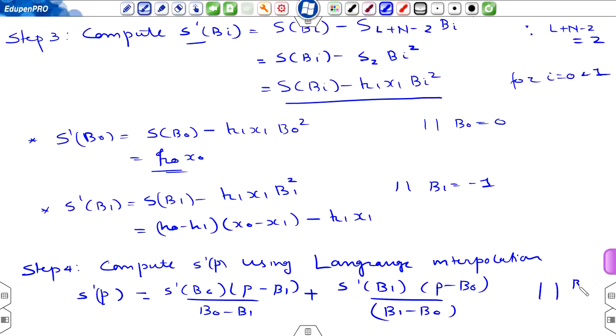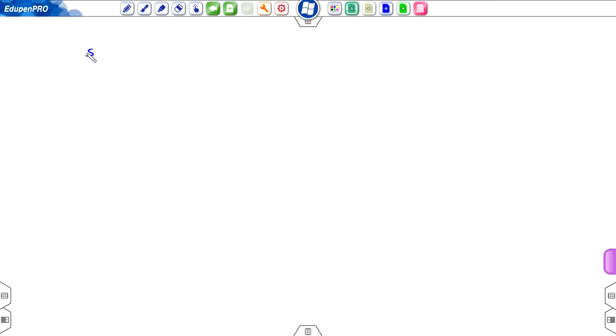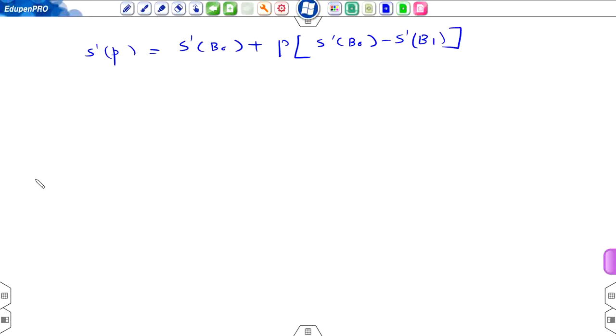Substituting beta 0 equal to 0 and beta 1 equal to minus 1, S prime P is S prime beta naught plus P into bracket S prime beta 0 minus S prime beta 1.